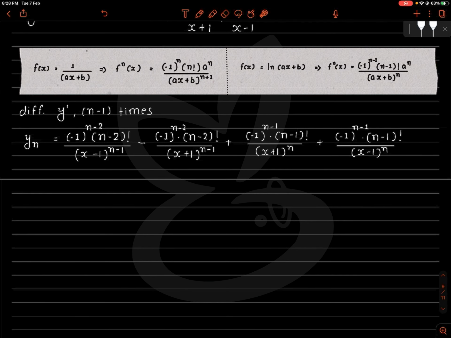We can see here, we can take (minus 1) raised to n minus 2 common, because that term exists in all the terms. And we can also take (n minus 2) factorial common.